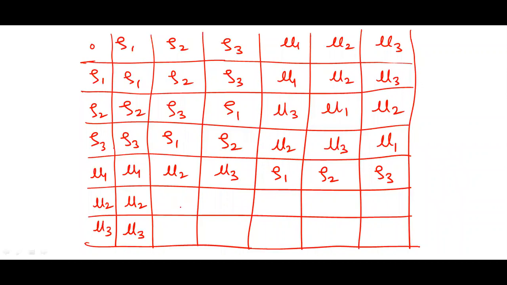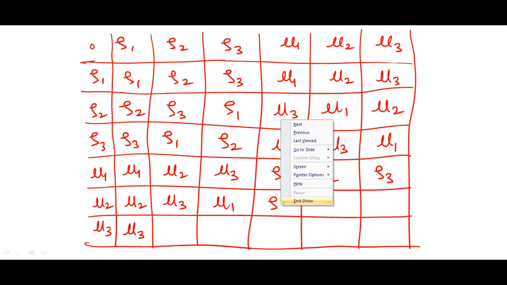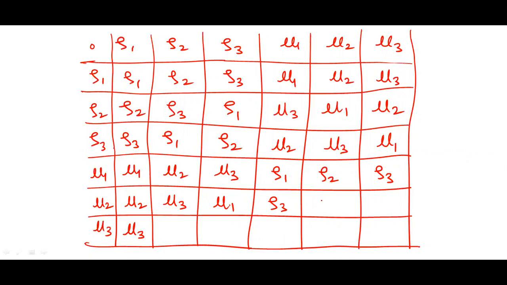Mu2 composition rho 2 is mu3, mu2 composition rho 3 is mu1, mu2 composition mu1 is rho 3, mu2 composition mu2 is rho 1, and mu2 composition mu3 is rho 2.